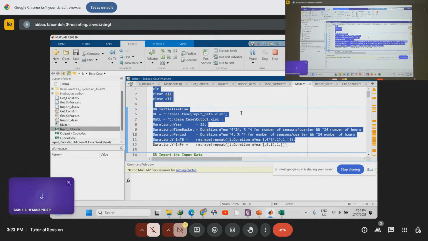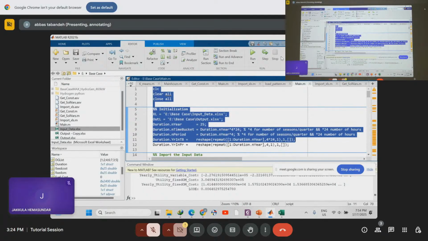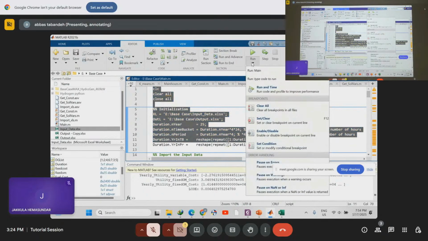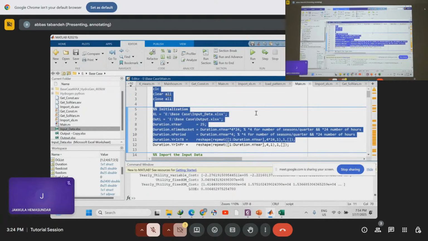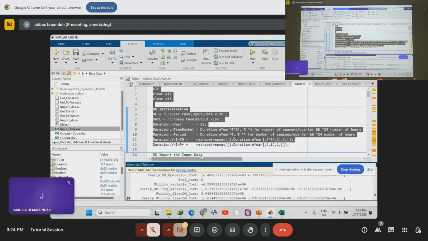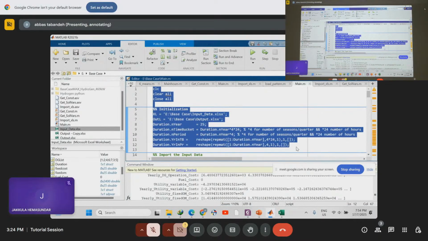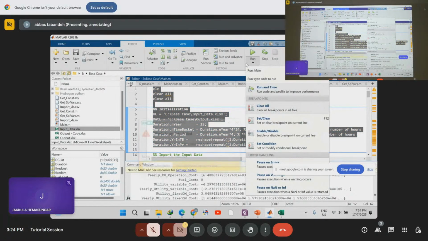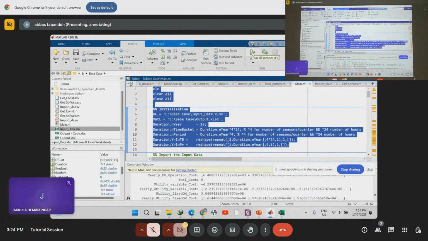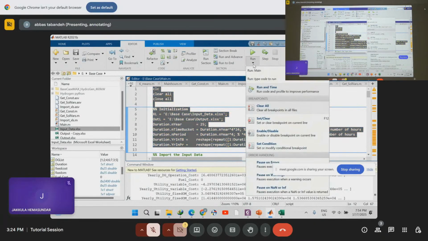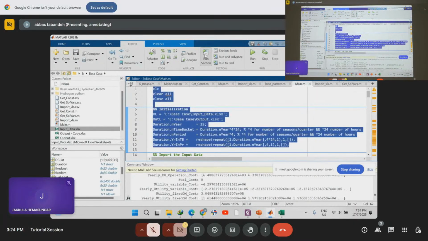Select this part and do the run. Select the run button to only run this section.